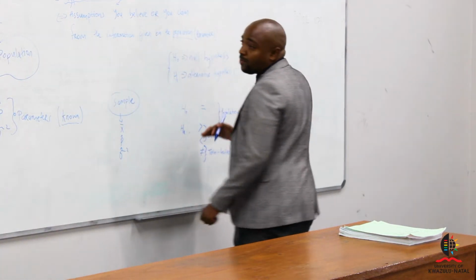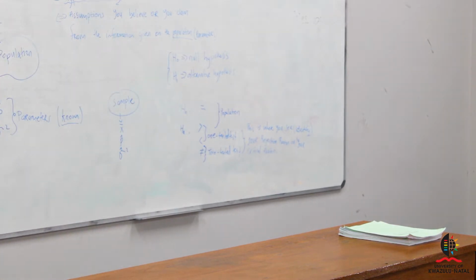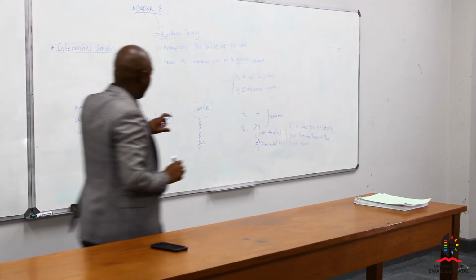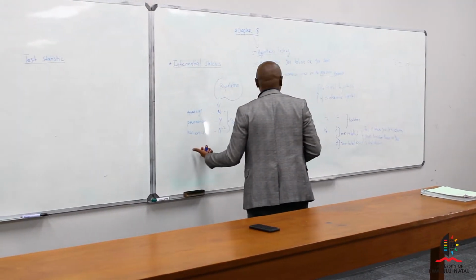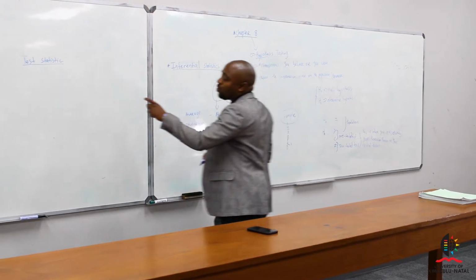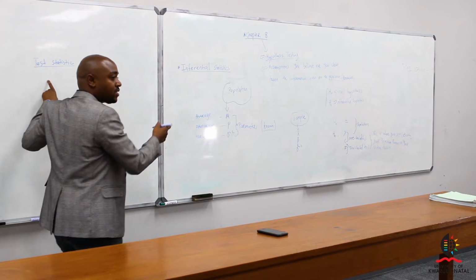So the next step is to calculate your test statistic. We both agree that your hypothesis test can be based on average, proportion, or variance. That goes also with your test statistic. Your test statistic must be in line with your hypothesis test.